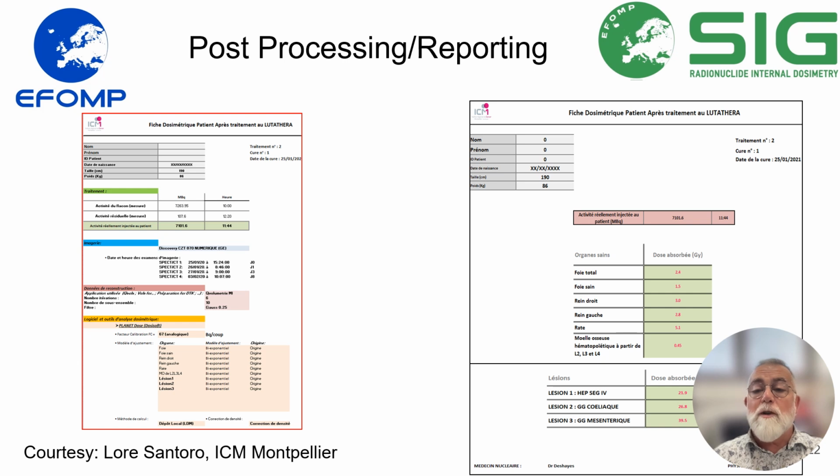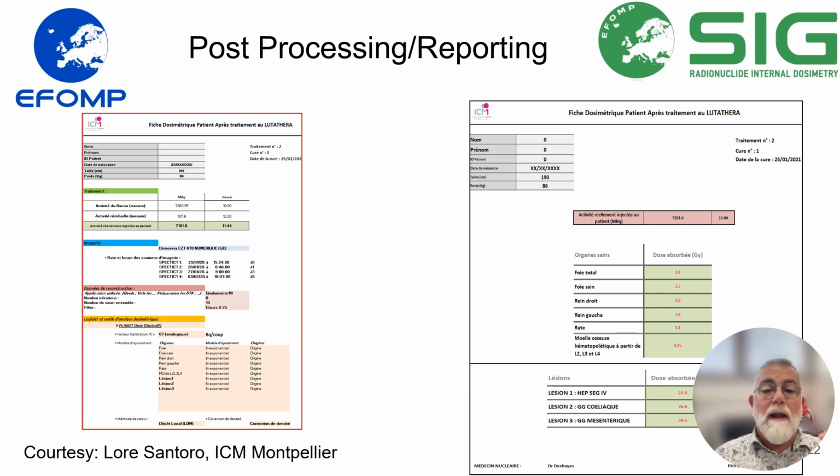And you've got the absorbed dose delivered to the organ at risk. So the kidney, right, left, the liver, and so on. Bone marrow using L2, L3, L4. And then the lesions. So a description of a lesion and the absorbed dose delivered to the lesion. And that's fine. That is what is given to the clinician.